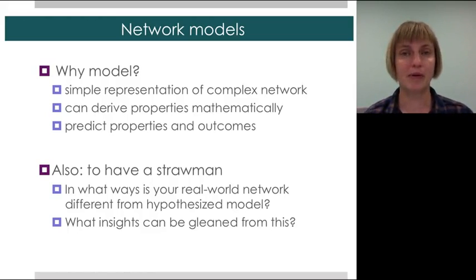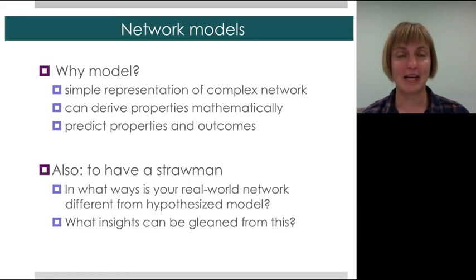So, for example, if in the dining table partner networks that you observe, you see that some girls have many more incoming edges than others. If your model is that partners are chosen at random, you may or may not be able to reproduce that observed degree distribution of some girls having much higher degree than others.